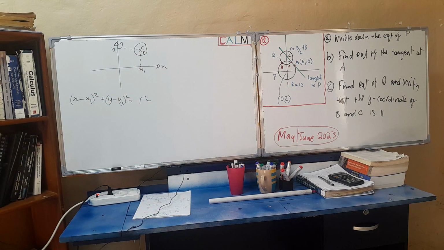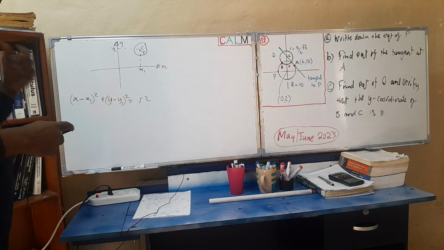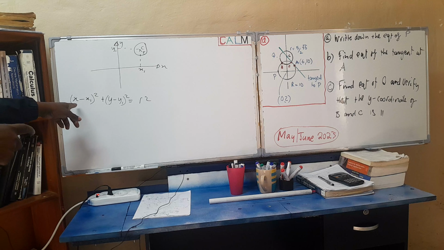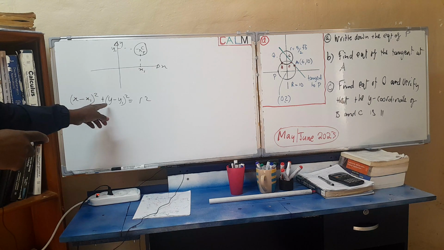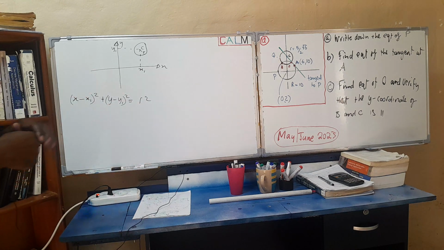So if your circle is centered at the point x1, y1, and it's of radius r, then its equation is x minus x1 all squared plus y minus y1 all squared is equal to r squared.